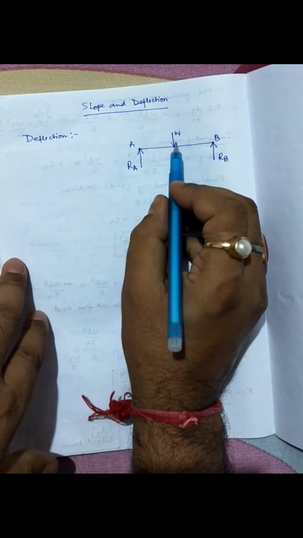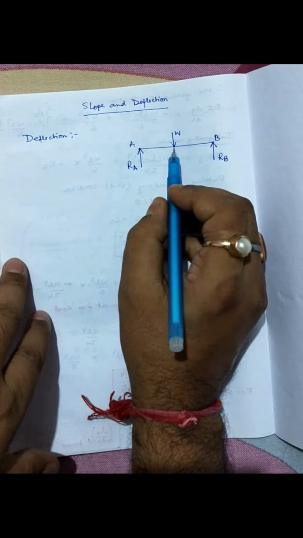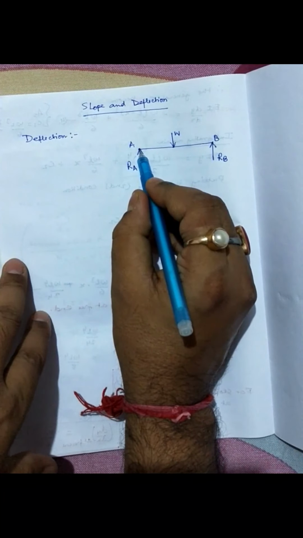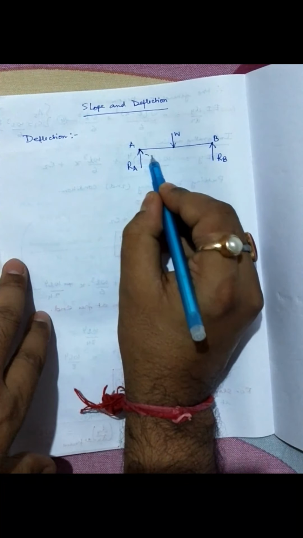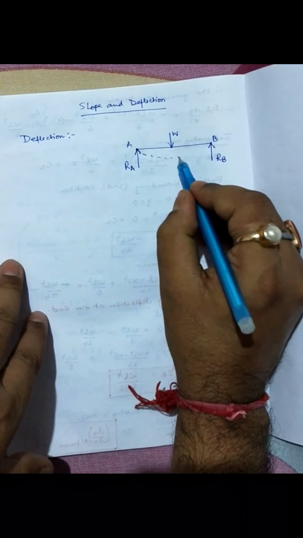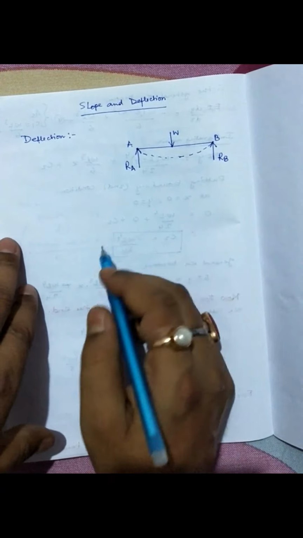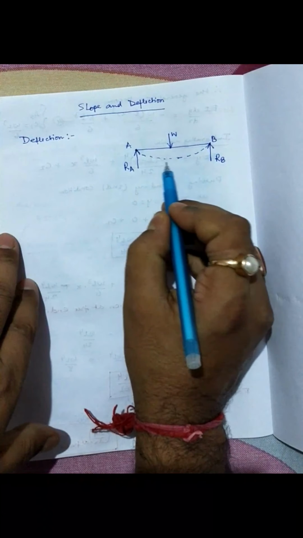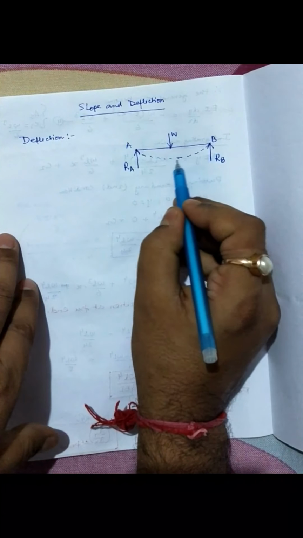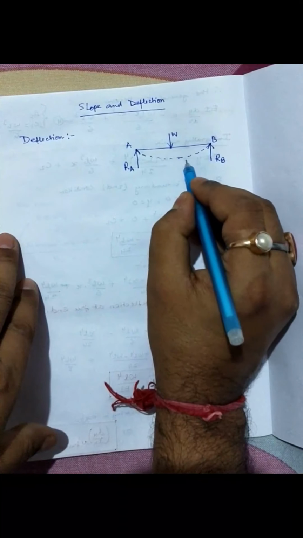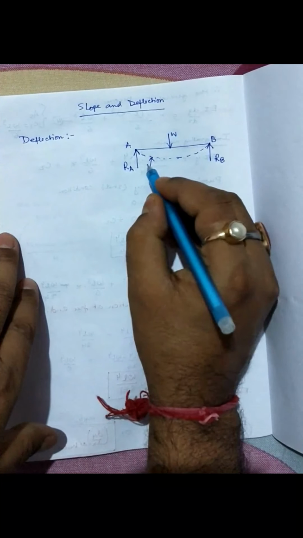Then when we apply W amount of load at the midspan, the beam will tend to bend like this. This is the nature of bending of the beam, and the curve that you get after deflection takes place is known as the elastic curve.